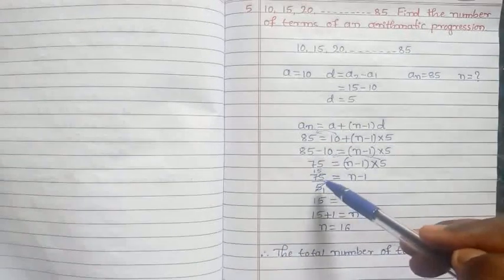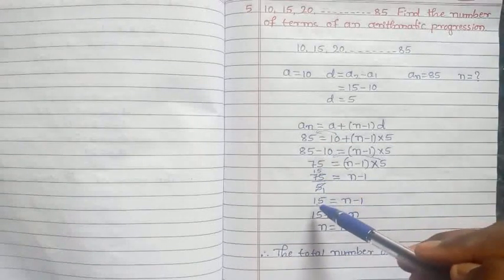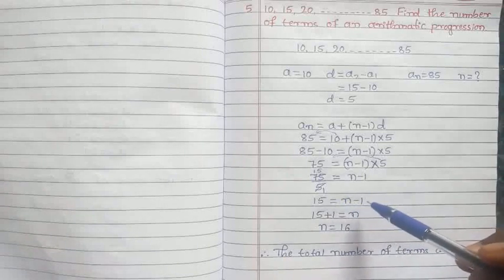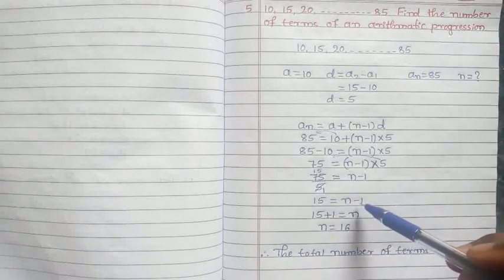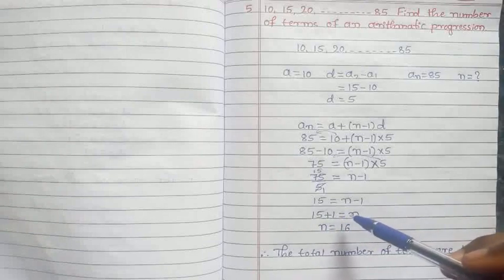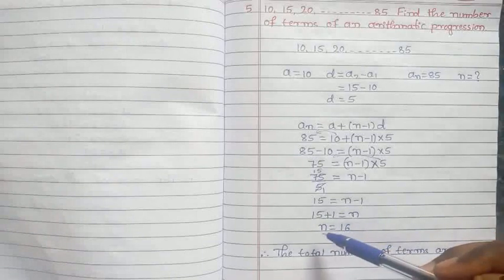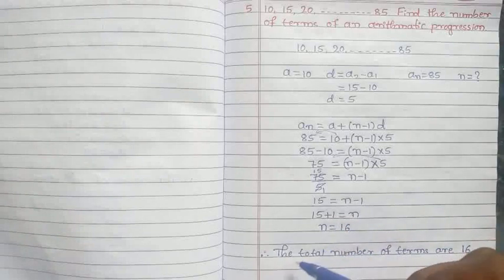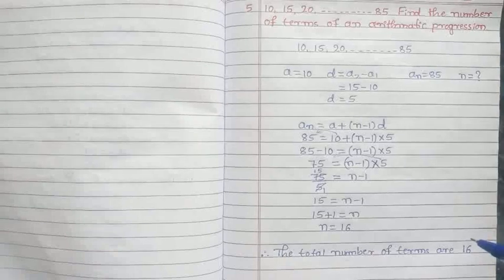Then 75 by 5 is 15. 15 is equal to n minus 1. But here we have to find the value of n. Remaining terms send this side. Minus 1 becomes plus 1. 15 plus 1 is equal to n. Therefore n is equal to 16. Therefore the total number of terms is 16.